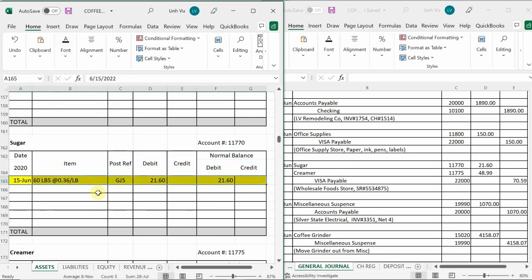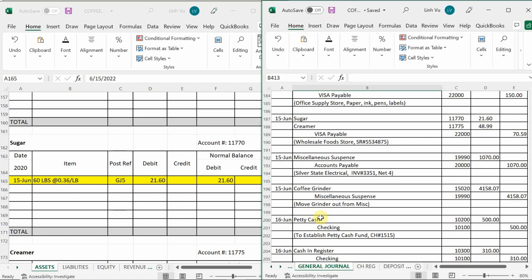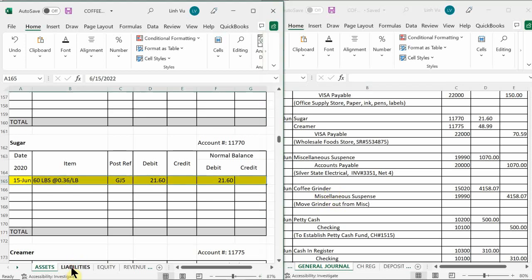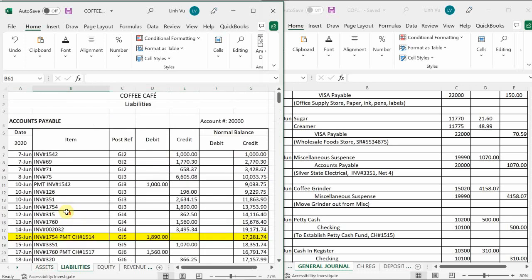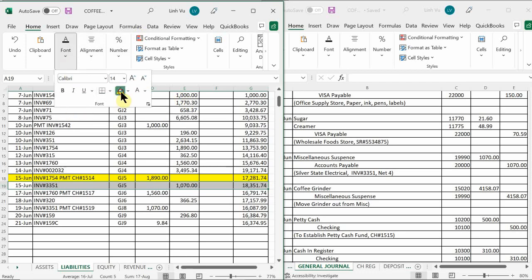Next, right here, I had a miscellaneous expense up to my accounts payable account, and then I had the coffee grinder from my miscellaneous suspense account. So let's check out my accounts payable account. Yes, I received a bill for $10.70, so that increased my liabilities.